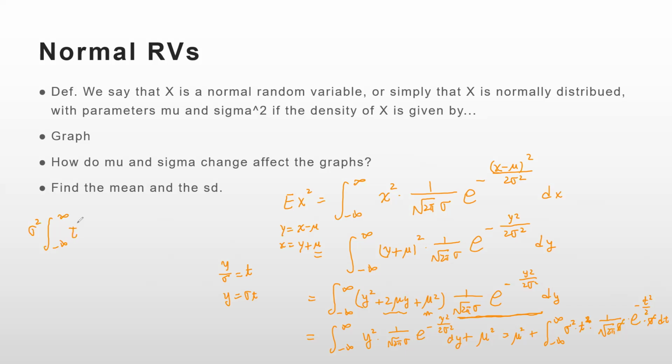I have t squared times 1 over the square root of 2 pi e to the negative t squared over 2 dt. So what is that? Hmm. This is a density function. But I have t squared.